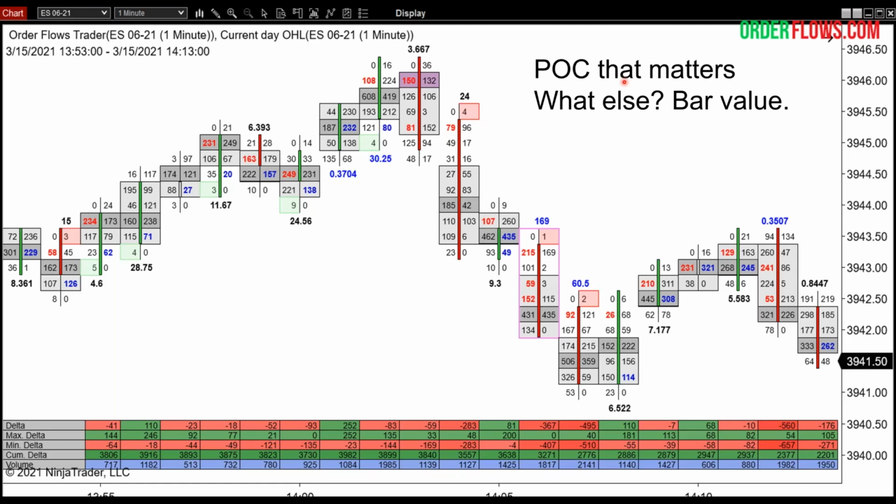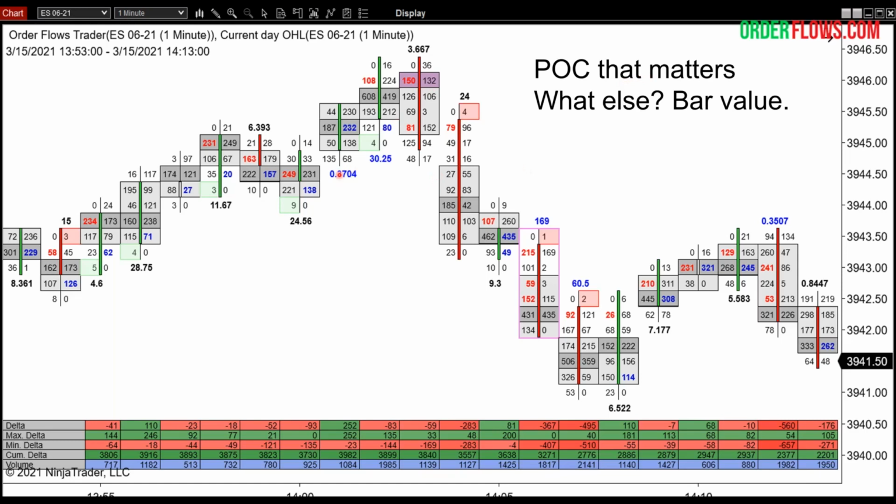But you could take it a step further. You could do it on a bar by bar basis, the area of the bar where 70% of the volume traded. You could adjust it, too. You might want to see just the area where 50% of the volume traded, or even 33%. But the standard is 70%.